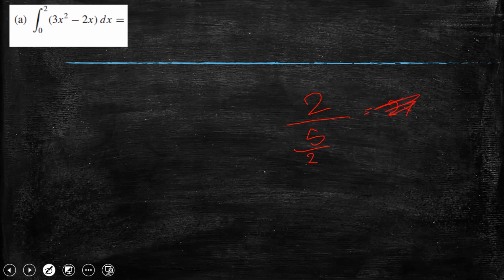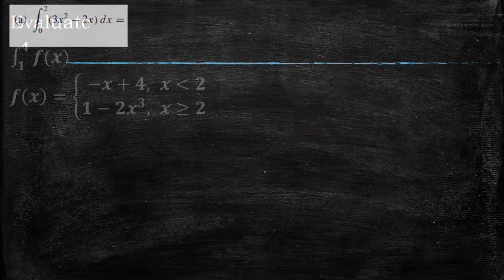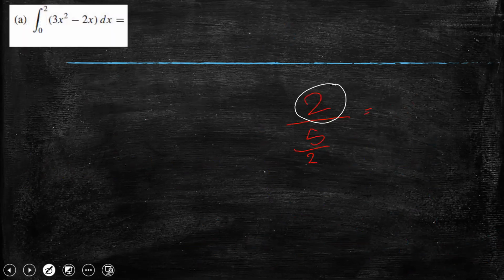Look at here. Every time you want to divide a whole number by a fraction, look at here now, 2 over 5 over 2. Can you write it like this? 2 divided by 5 over 2?